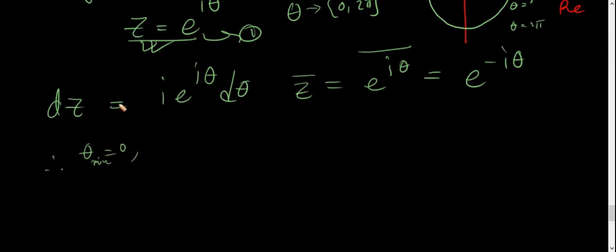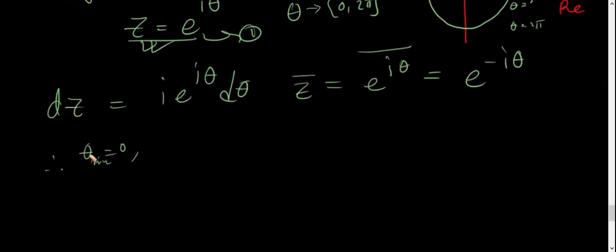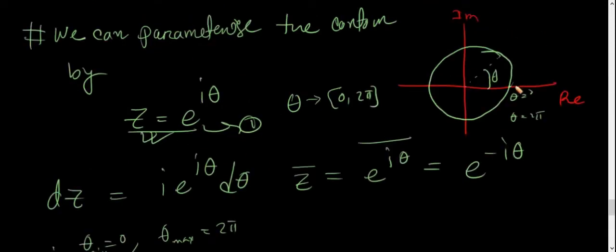So instead of thinking of integration as a variable of z, you can now shift this thing into the theta parameter, and the starting point is, since you are enclosing the whole circle, theta equals 0, and the last point, which corresponds to theta max, is just 2 pi, since you are closing this whole circle. That is, you're starting from here, going all over this place and returning back over here.